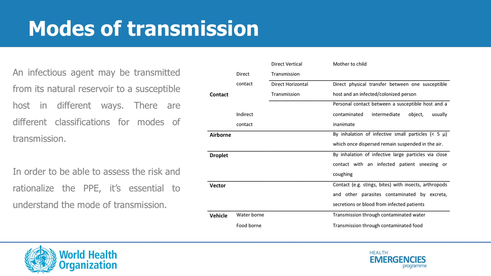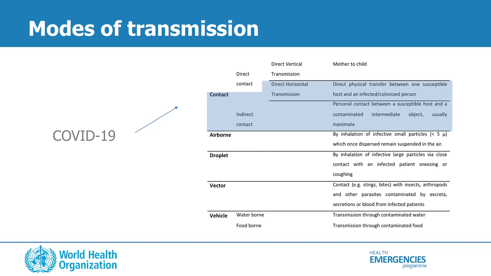There are different classifications for modes of transmission. COVID-19 transmission can occur through three different modes. Direct contact, which occurs through direct physical transfer between a susceptible host and an infected person, or indirect contact, which refers to personal contact between a susceptible host and a contaminated intermediate object, usually inanimate.